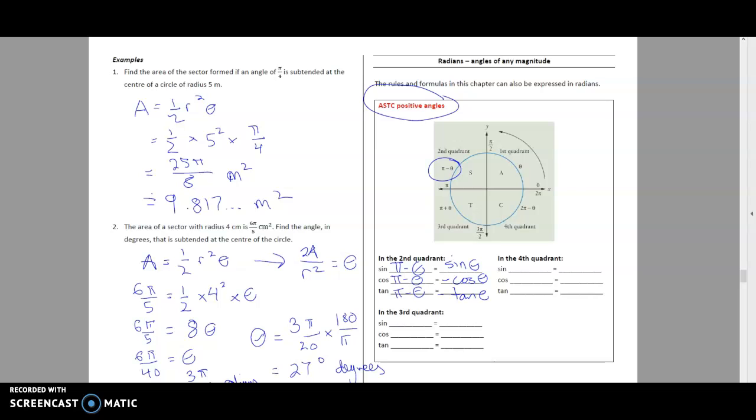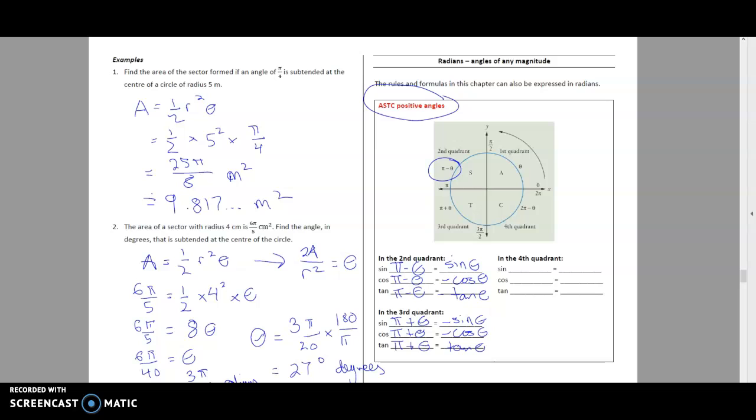Third quadrant is pi plus theta, just like it would be 180 plus theta. And of course, tan is the one that is positive in the third quadrant. So negative sine theta, negative cos theta, positive tan theta.